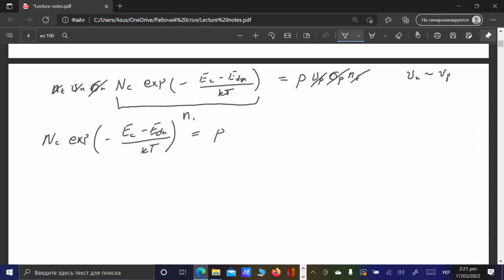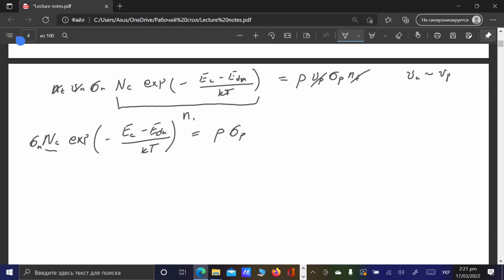We don't need to get rid of these because they are different. So P times, so here will be sigma n, and here P times sigma P. Okay. Now we need to express Nc.